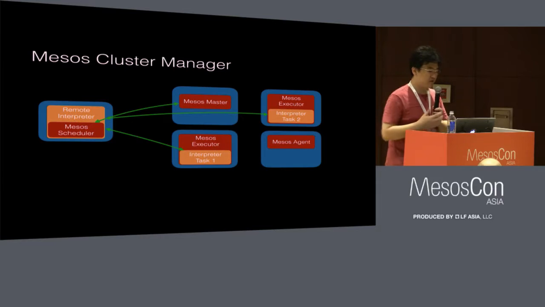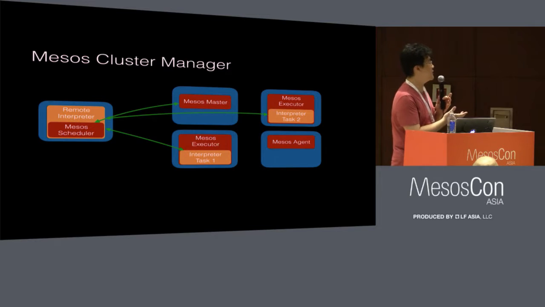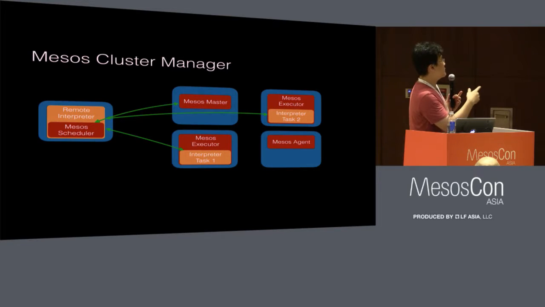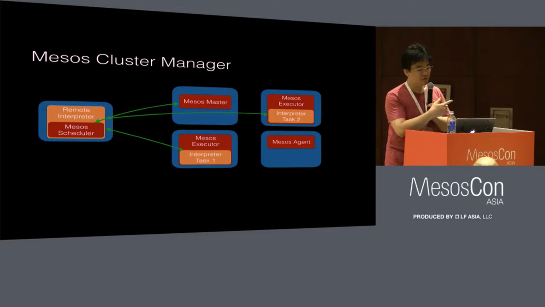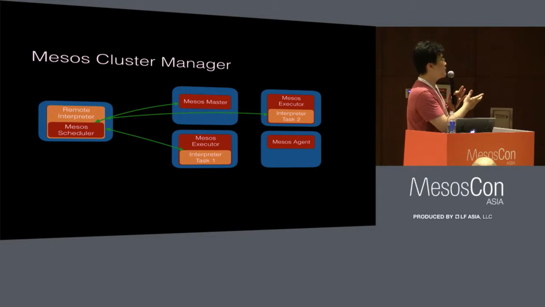Yeah, this is a simple diagram of how Zeppelin launches the interpreter in the Mesos cluster. The left side is the Zeppelin server, and the right side is the Mesos cluster. Zeppelin server's remote interpreter is one of the components in charge of managing all kinds of interpreter instances.